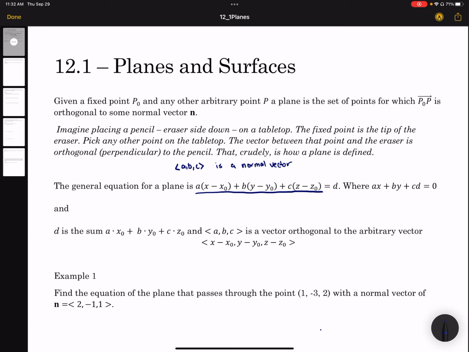And so then x, y, z is a fixed point. But how do I get the component form of a vector? I just subtract the components of the vector. So x minus x0 is a component, y minus y0 is a component, and z minus z0 is another component.